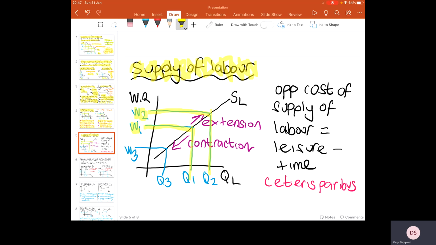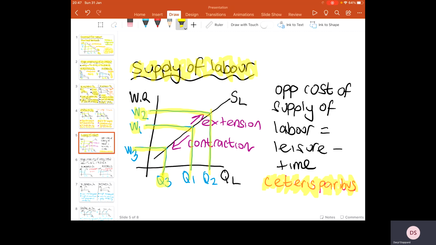Now, as wage rates fall, let's say from W1 to W3, then less of us become willing and able to supply our labour. When we draw this supply of labour curve, we're making the assumption of ceteris paribus. The only thing that we're changing is the wage rate.